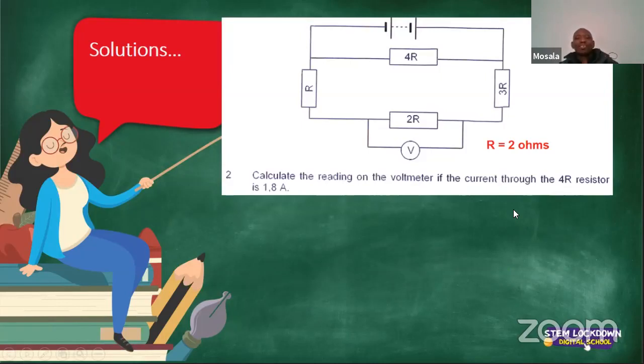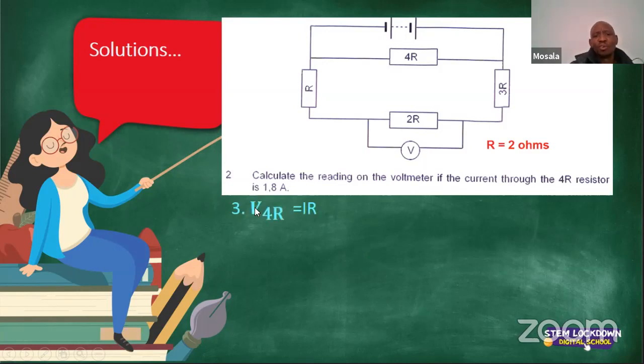Now we have already calculated the value of R to be 2 ohms in number 1. Now calculate the reading on the voltmeter if the current through the 4R resistor is 1,8 ampere.